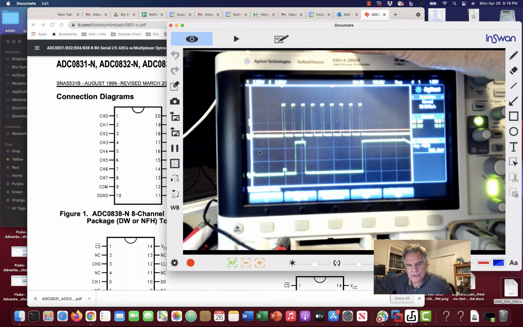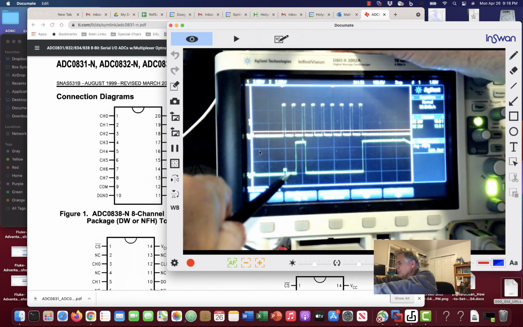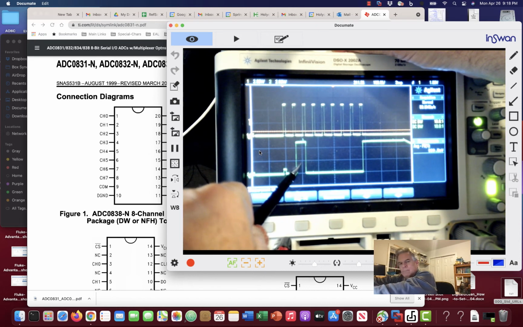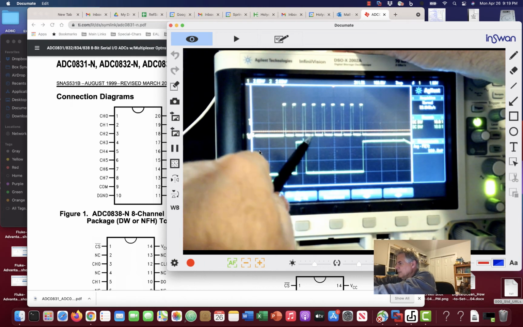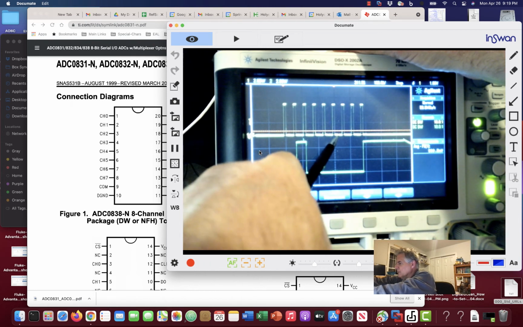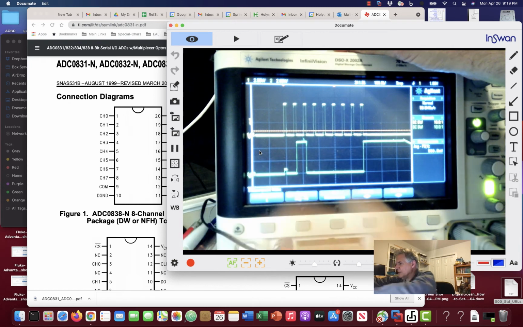It appears to me that this first bit is garbage. We have a 0 there. Then we have a 1. Okay, so that's 128. And then I've got 1, 2, 3, 4, 5, 6 zeros and a 1.